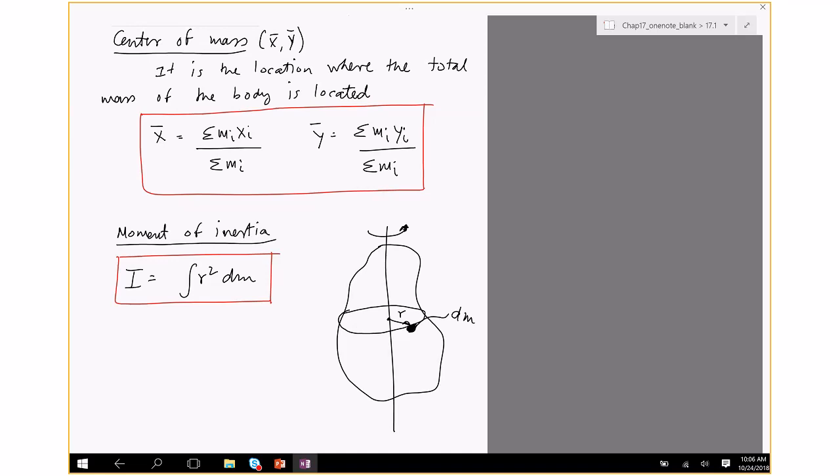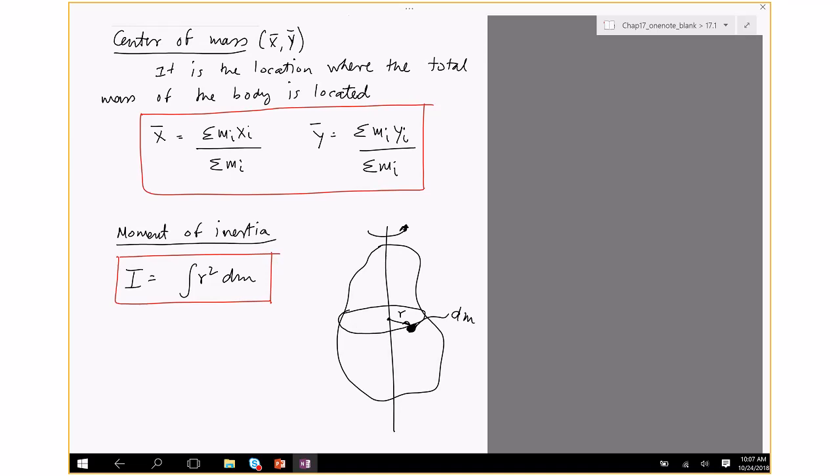of inertia. Center of mass is the location where you can assume the entire mass of the object is located. You can think of the body consisting of multiple submasses.